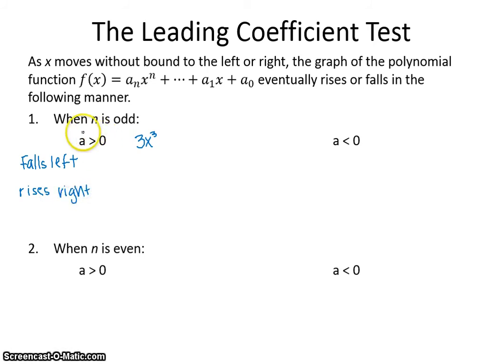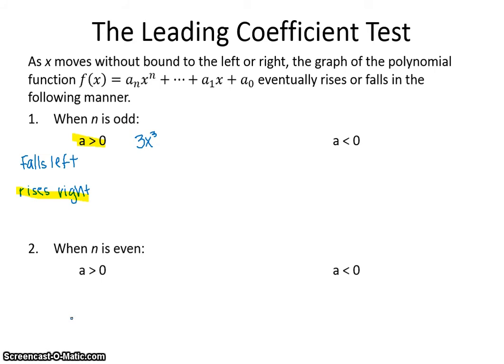Because this number is bigger than 0, that lets me know it rises to the right. And that's how I'm going to remember that. If it's bigger than 0, it's going to rise to the right.